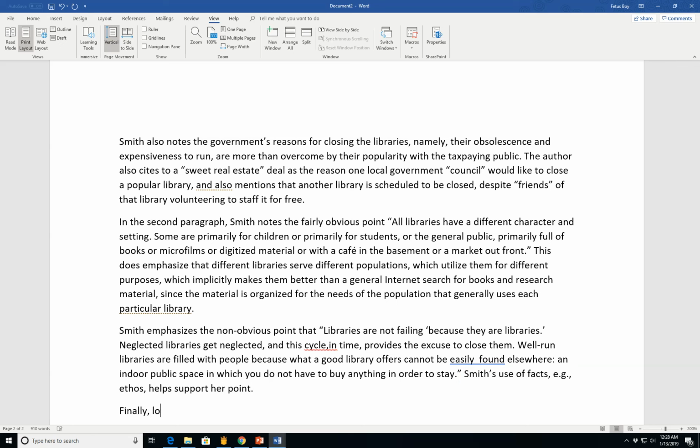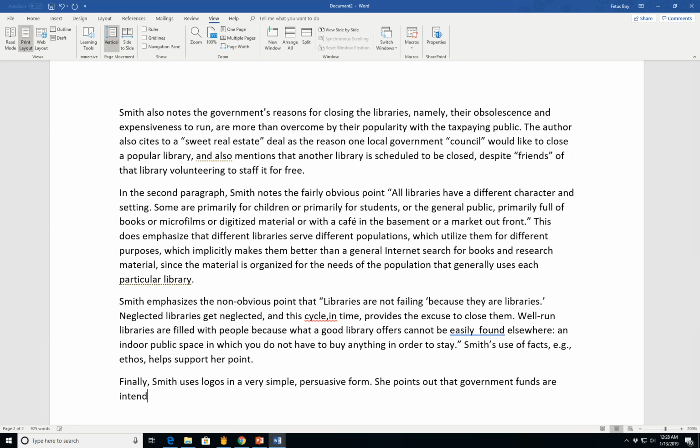Finally, Smith uses logos in a very simple persuasive form. She points out that government funds are intended to support taxpayer needs, since, after all, they came from taxpayers' taxes.